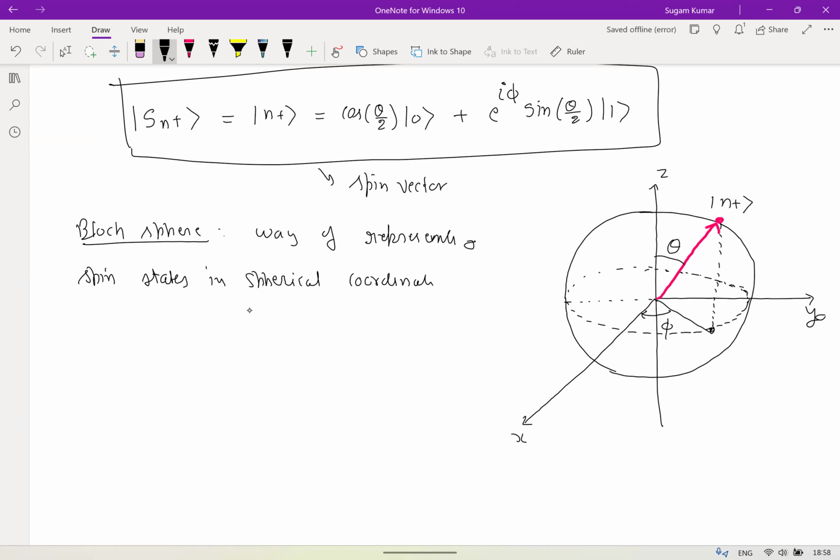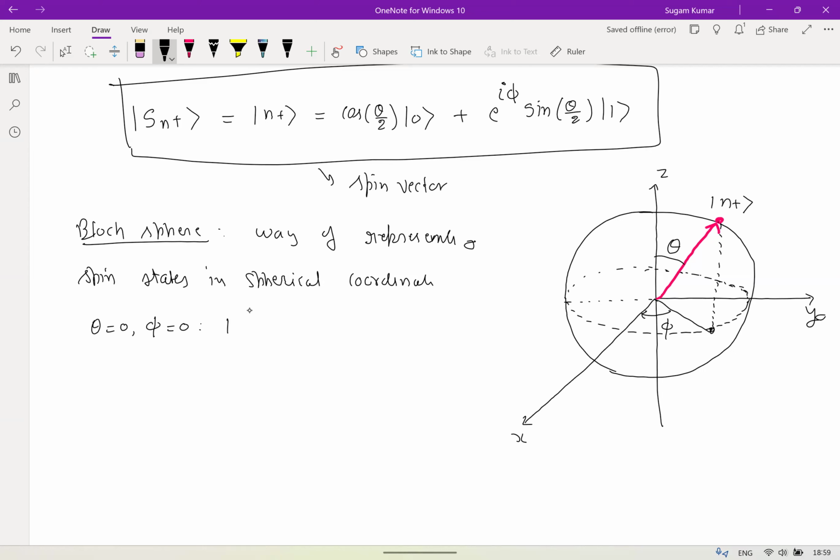So we can represent the states on this Bloch sphere, and look at this vector which I'm representing. This vector, the tip is always going to lie on the surface of the sphere, and this can rotate. Now, for example, if theta equals 0, in that situation phi doesn't matter, so I can take phi as 0 also.